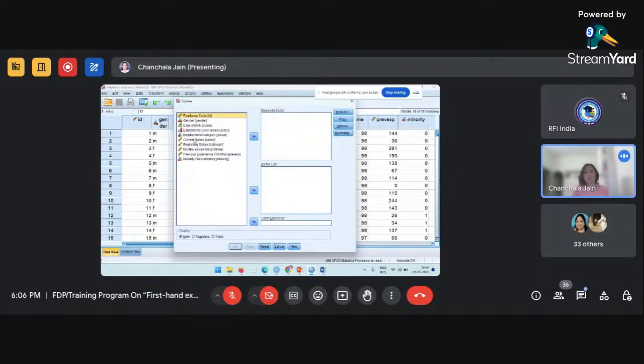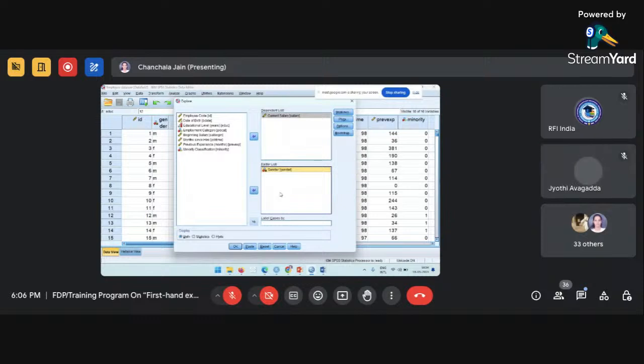You need to shift your salary, that is current salary variable, into the dependent list box. In my word file I have written that only salary is our continuous variable, which we are taking as the dependent variable. Then gender we shift into the factor list box, that is the independent variable list. Is it okay? Yes, ma'am.